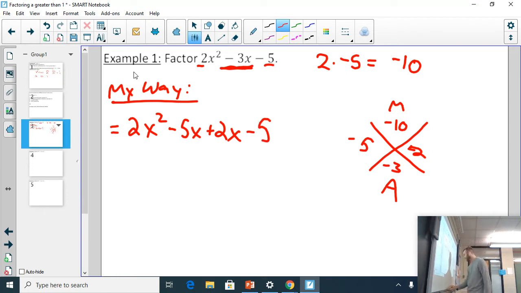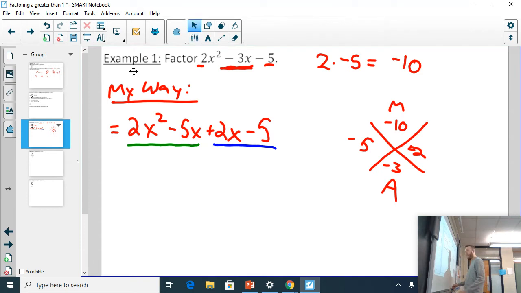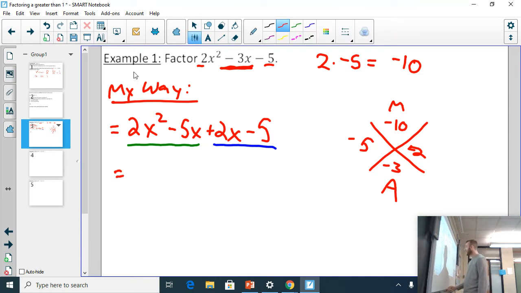And then I do something called factor by grouping, where I look at these first two terms, and I look at these last two terms, and I ask what I could take out of both. For 2x squared and 5x, I can't take out anything between 2 and 5, but they both have an x, so I can take out an x. After I take out an x, I'll be left with 2x to get 2x squared, and then minus 5 to get minus 5x.